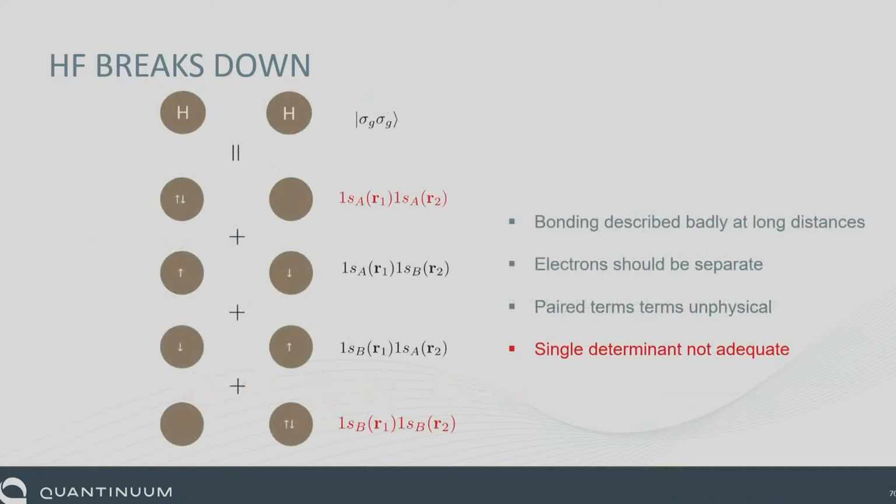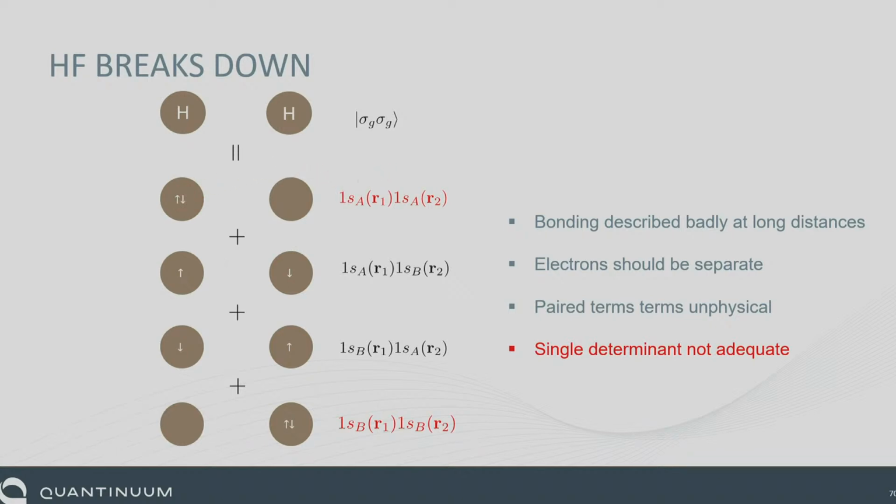When we go to the really dissociated limit, you don't want both electrons isolated on one atom. So you get these unphysical allowed solutions in this expansion. At long distances the electrons really want to be separate, so these terms shouldn't be there in the long separation limit.